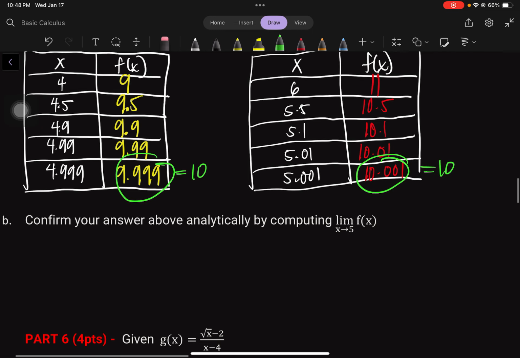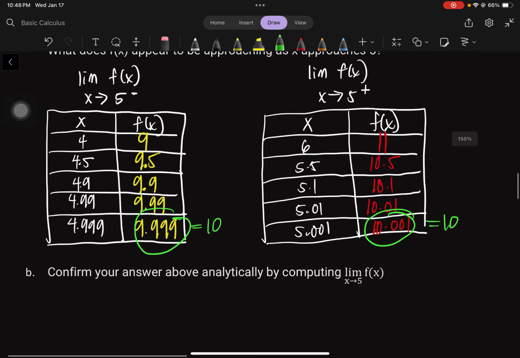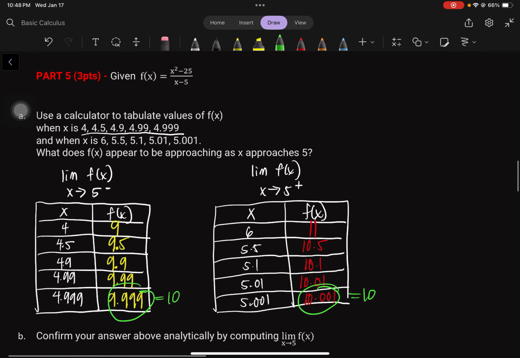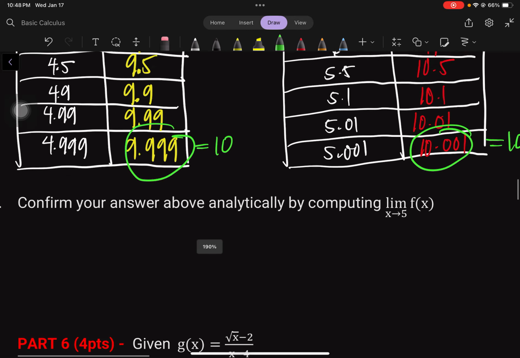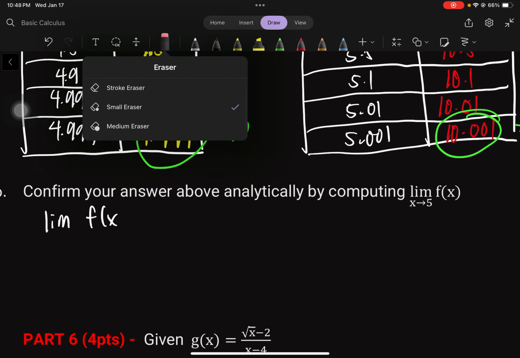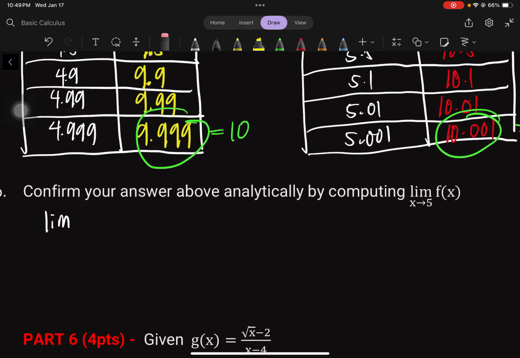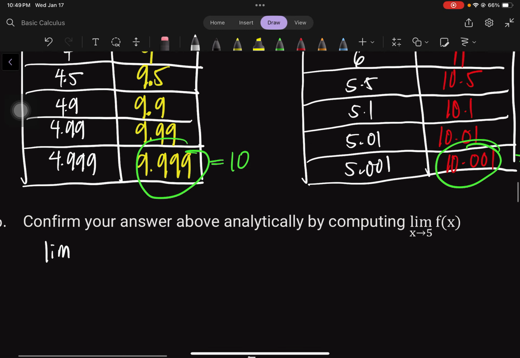So, confirm your answer by analytically computing the limit of f of x as x approaches 5. So, if we have this, right? The limit of x squared minus 25 over x minus 5 as x approaches 5.